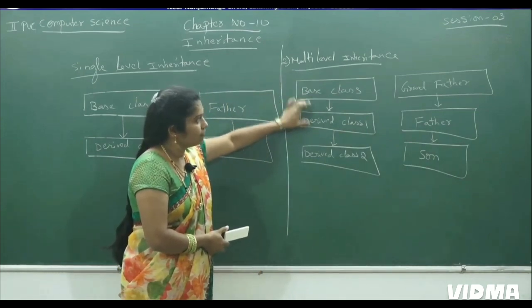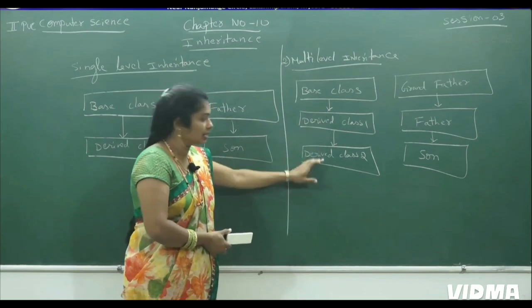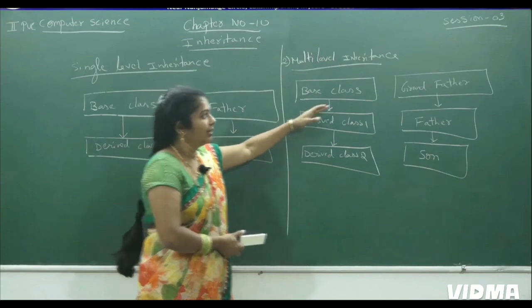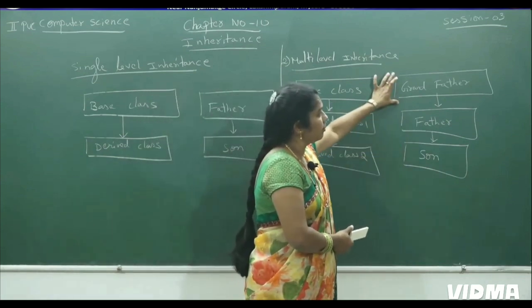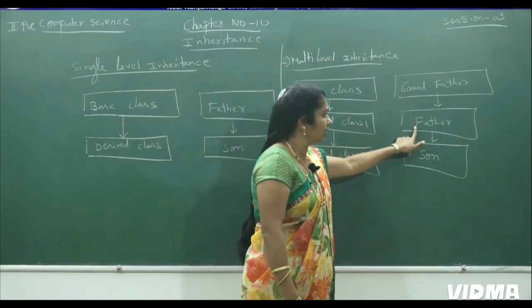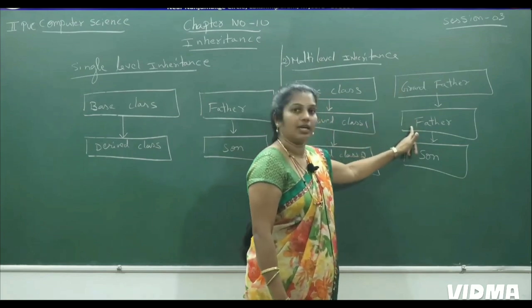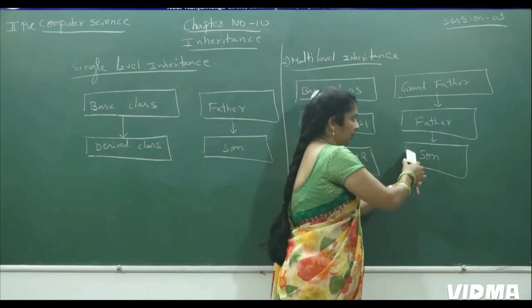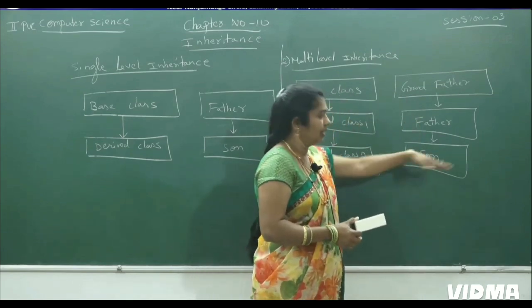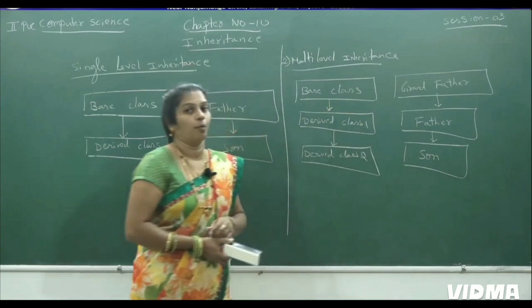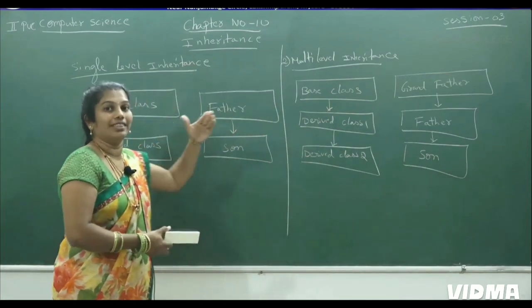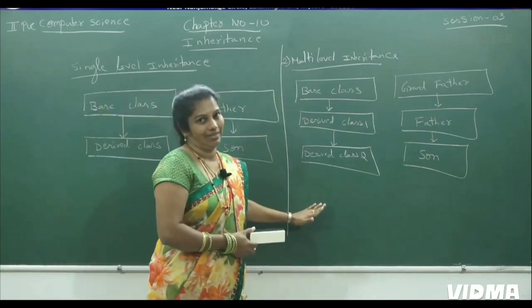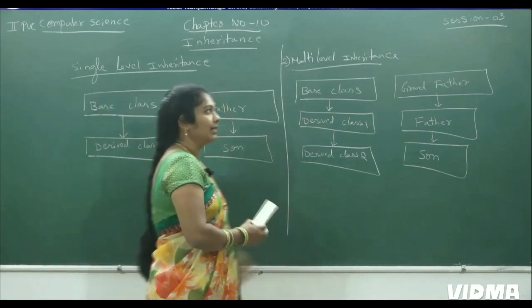Here, grandfather's properties are transferred to father, and the father has the grandfather's properties as well as additional properties. When it comes to the son, the son has the grandfather's properties as well as the father's properties, and also additional properties. Single level means one level. Multi-level means more than one level is there. That is multi-level inheritance.